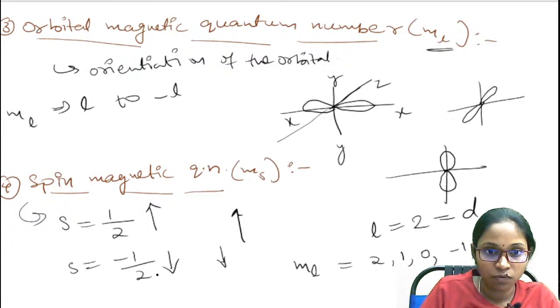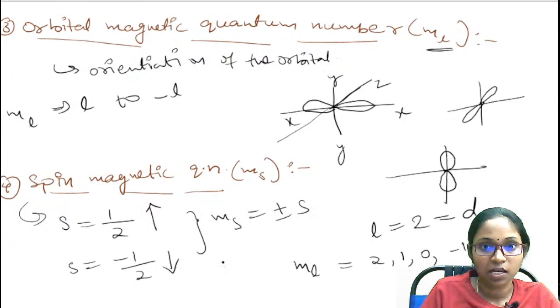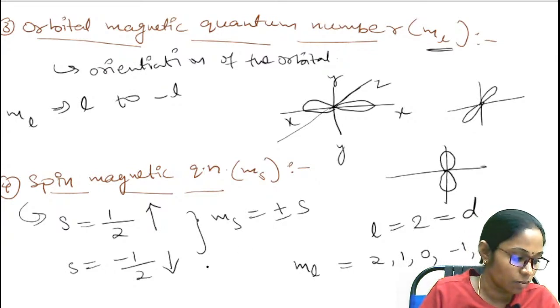If it is in the downward direction, you will have minus half. The spin quantum number takes the values plus or minus s. If the electron spin is in the downward direction we take minus, and if it is in the upward direction we take the plus sign. This is about the spin quantum number.